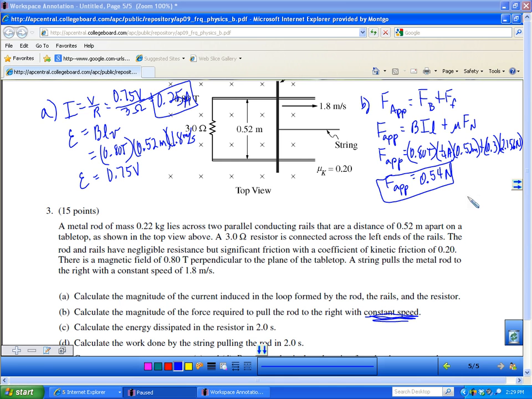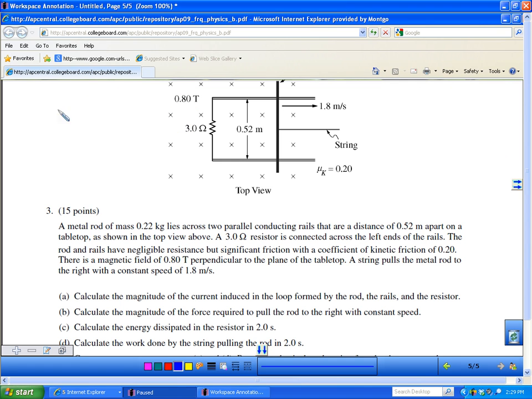Part C said find the energy dissipated. So I said, let me think about that. Well, the energy dissipated is power times time. And power times time is the same thing as the voltage times the current multiplied by time. So energy is power times time. The voltage we said was 0.75.